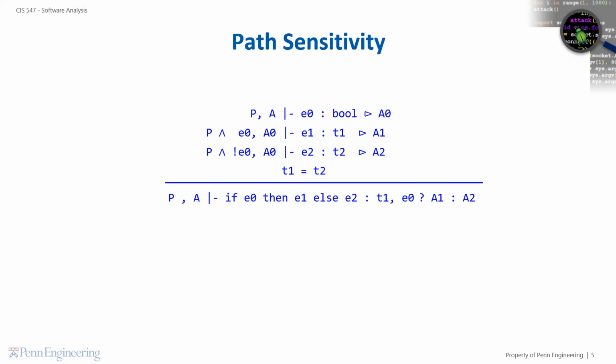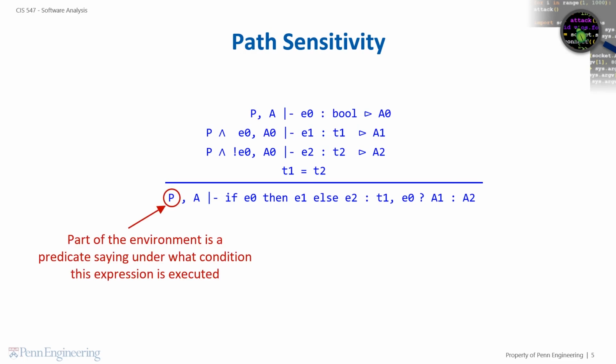To do so, we augment our environment for each statement with a Boolean predicate P. If P is the predicate under which an if-then-else statement would be executed, then we add P to the input environment of the first hypothesis that E0 is a bool.